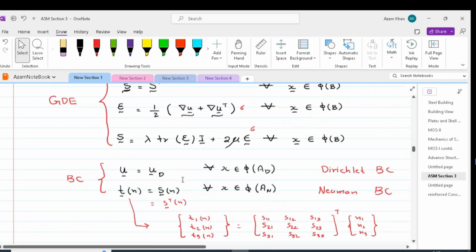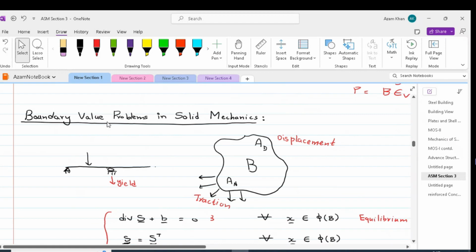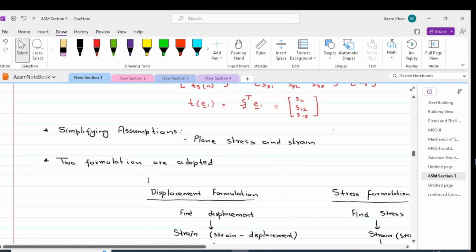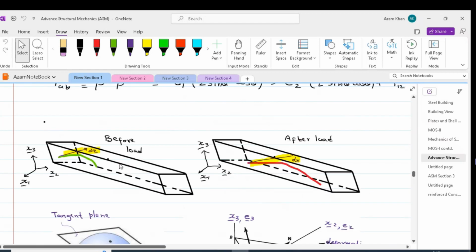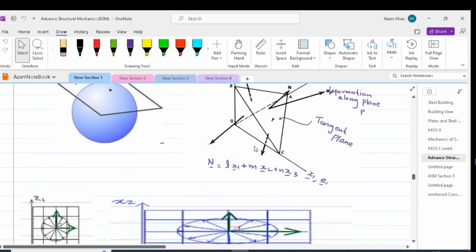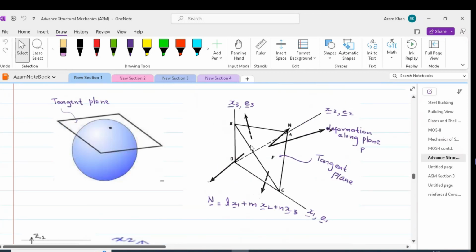As we have started our discussion related to boundary value problems, that would be incomplete if we don't discuss plane stresses and plane strains. In this course, we will try to simplify our boundary value problems. Normally, we have 3D bodies as shown over here. We will assume that the stresses within these bodies are just within 2 planes rather than 3 planes.